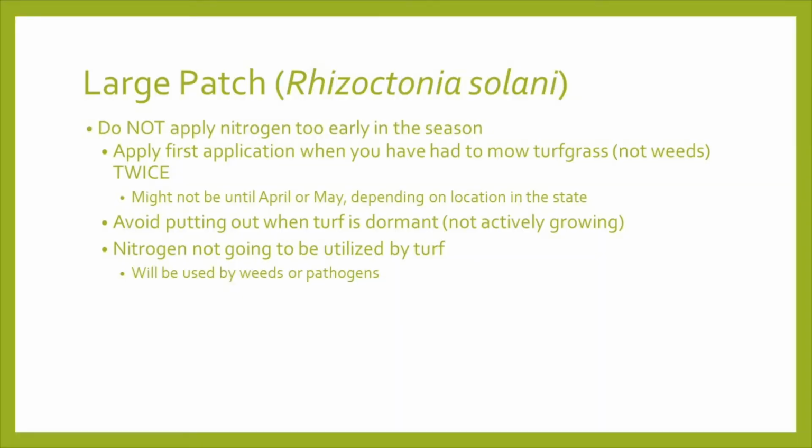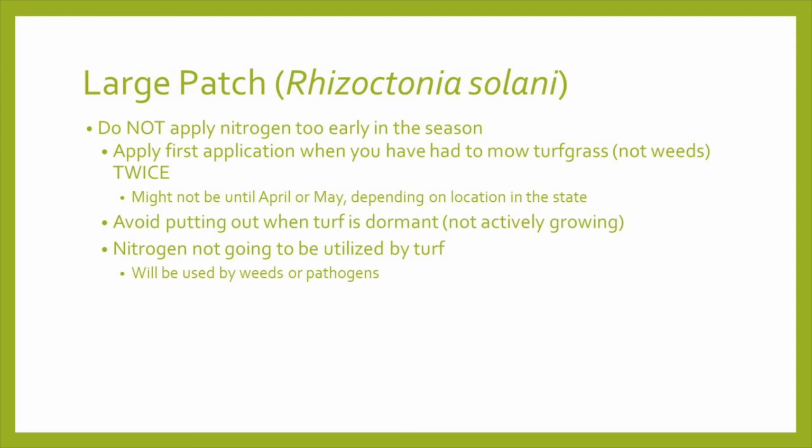One thing we want to do to try not to exacerbate that disease, particularly while we're still transitioning from winter into spring, is not apply nitrogen too early in the season. Like we said earlier, apply your first nitrogen application once you've had to mow your turfgrass, not your weeds, but your turfgrass, at least twice for the year.